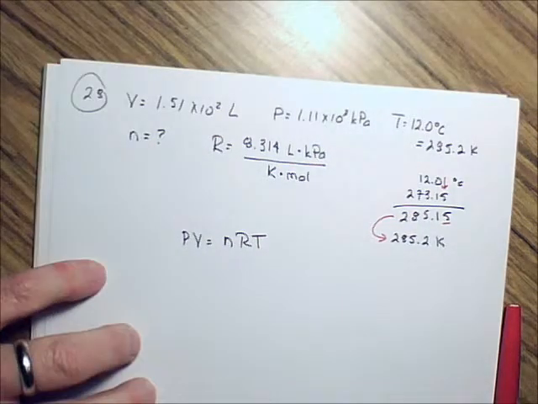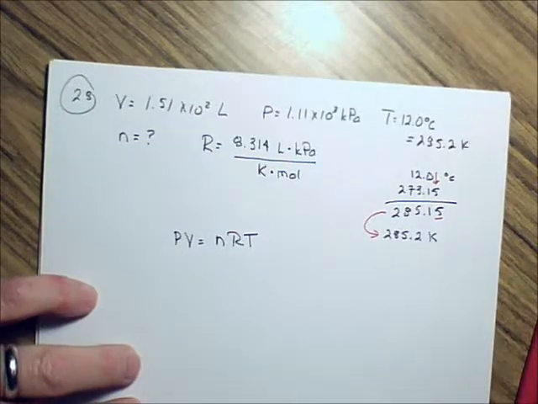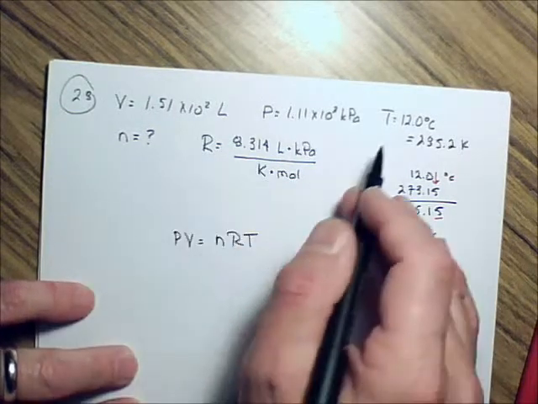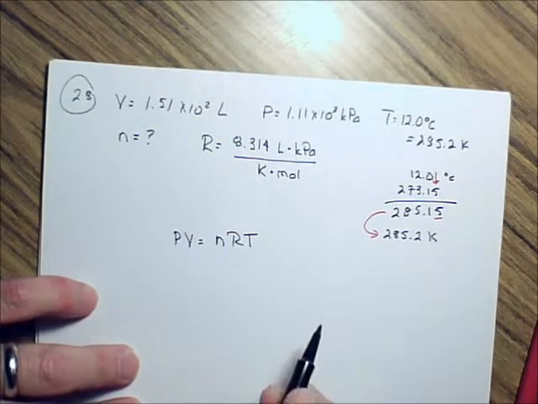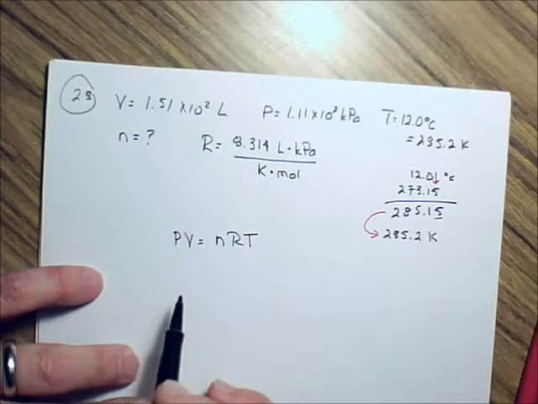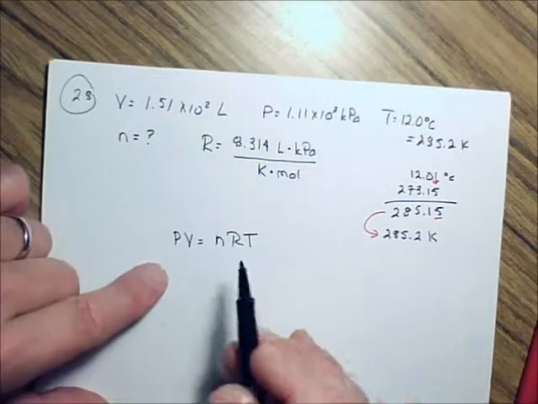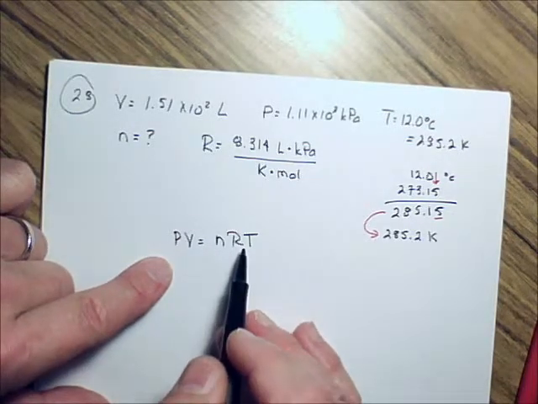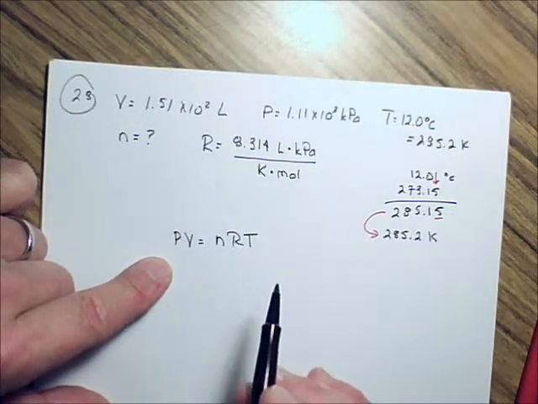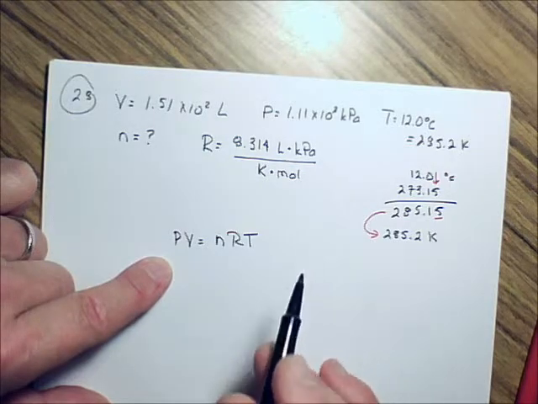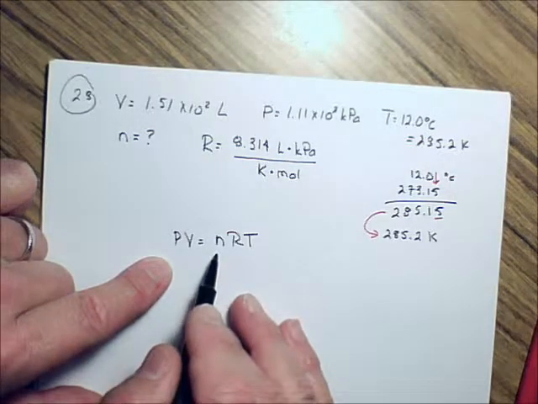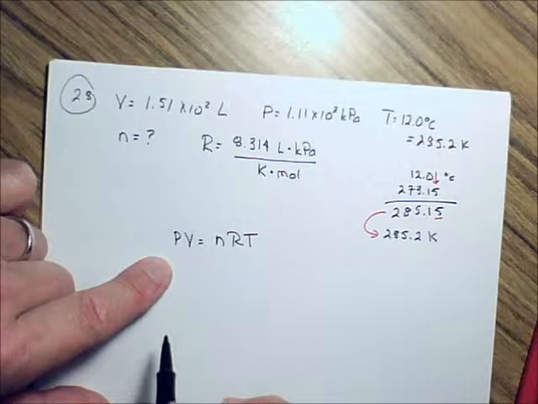So we're ready now to plug in all of these. However, you have a choice to make here. The process that I taught you in this unit is to plug everything in and then isolate the unknown. But what I told you yesterday is if you prefer, you can isolate your unknown first and then plug in.